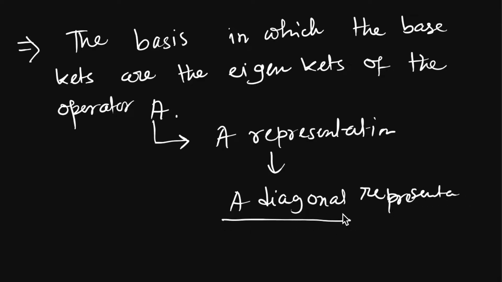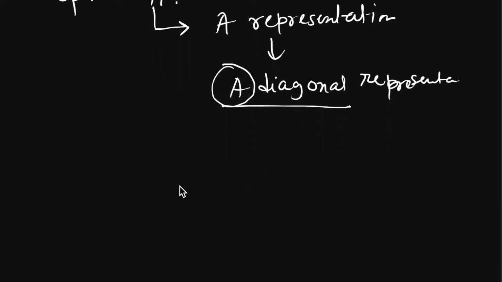Why A diagonal representation? Since in this eigenket basis A is a diagonal matrix, that's why it is called the A diagonal representation.